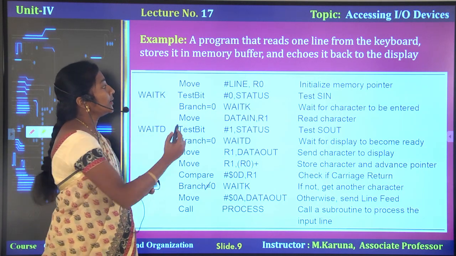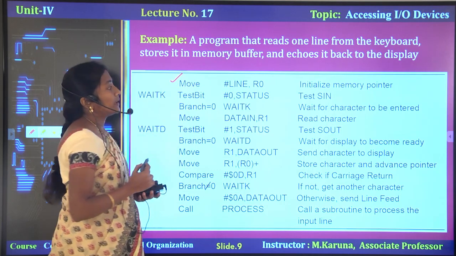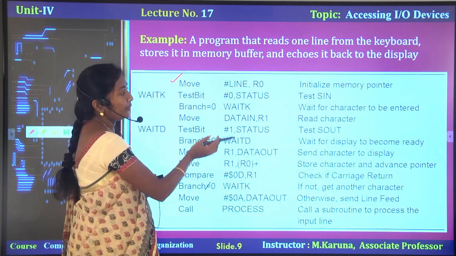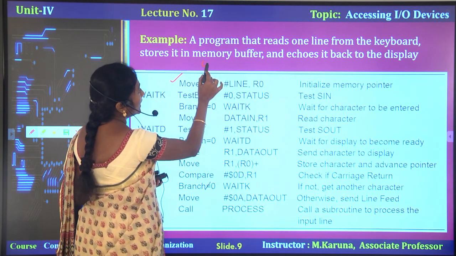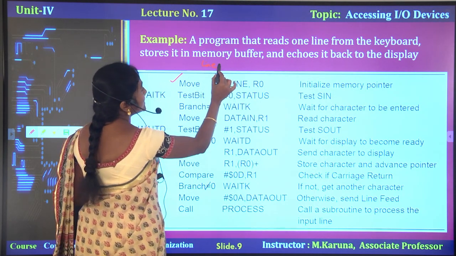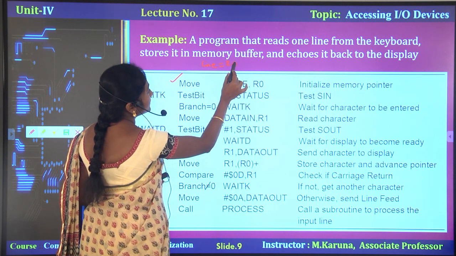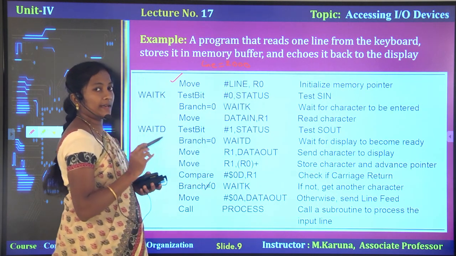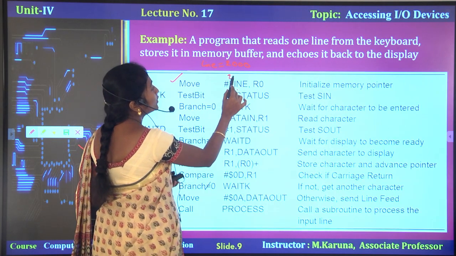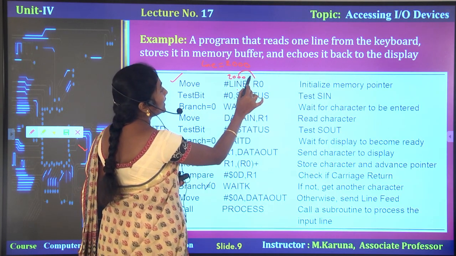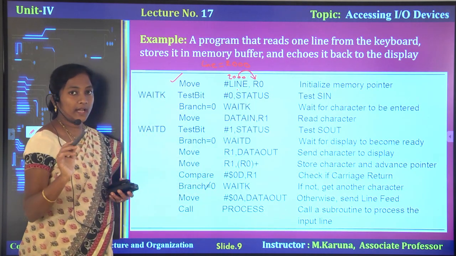Here, move #line, R0. Before this program some initialization commands are there. Line is assigned to address 2000. Whenever you use #line, the address 2000 will be transferred to register R0.